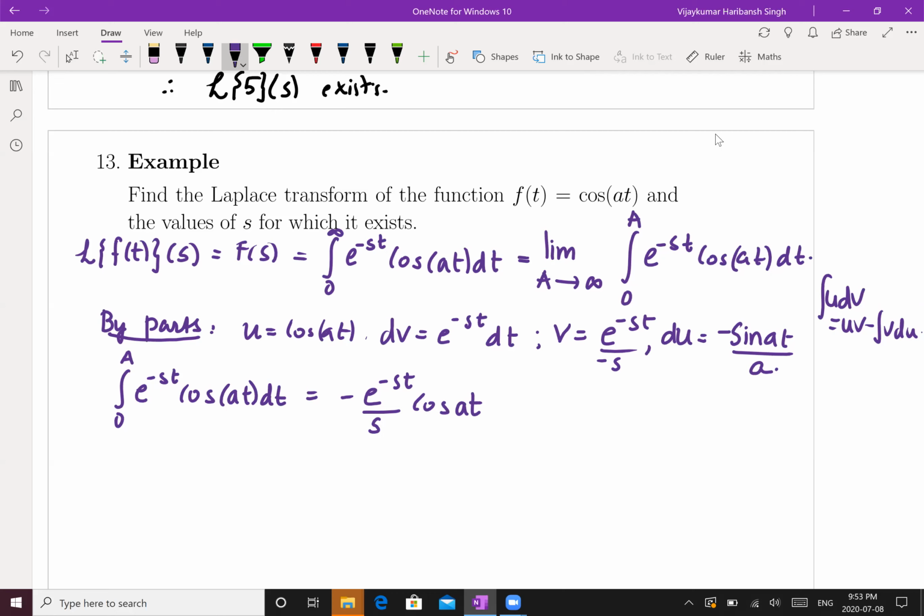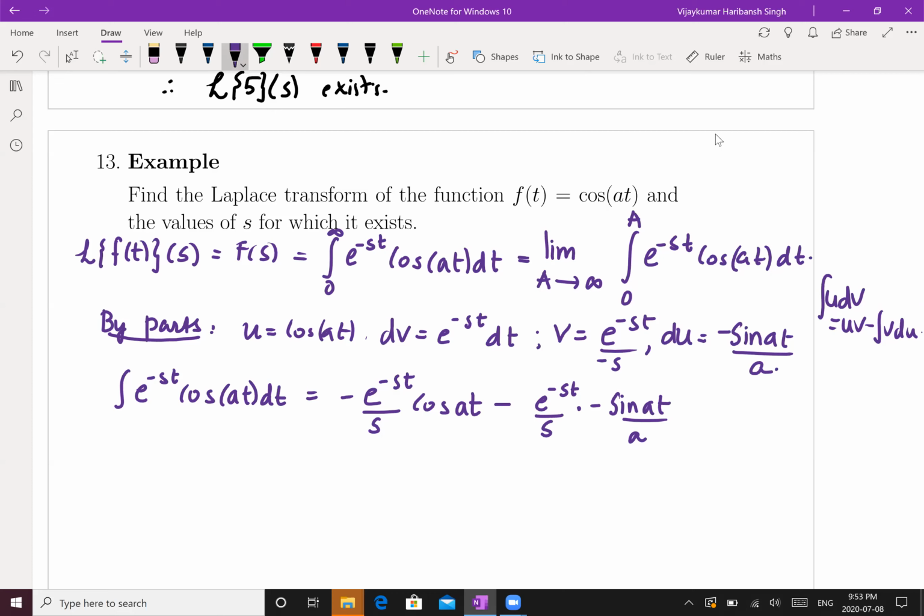So this is your uv, minus integral of v du. So v is again e to the power minus st over s times du. Let's just compute the indefinite integral first.